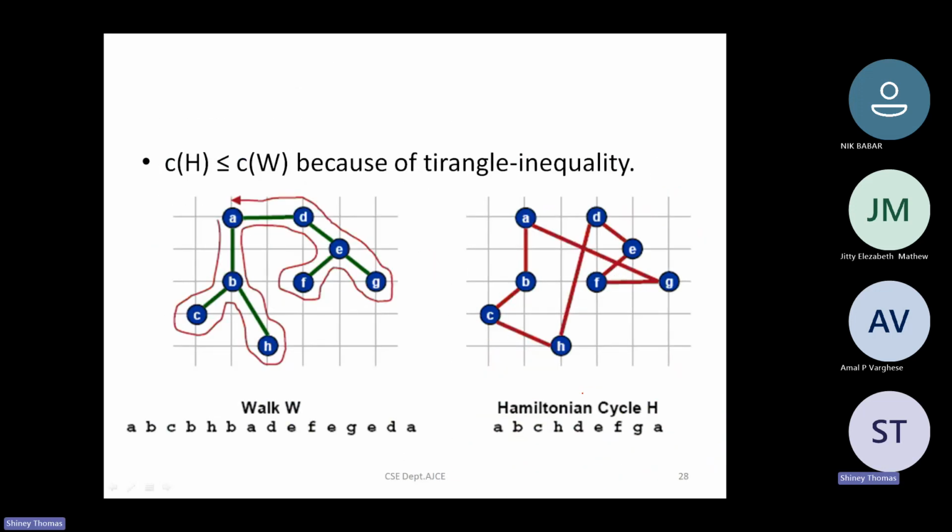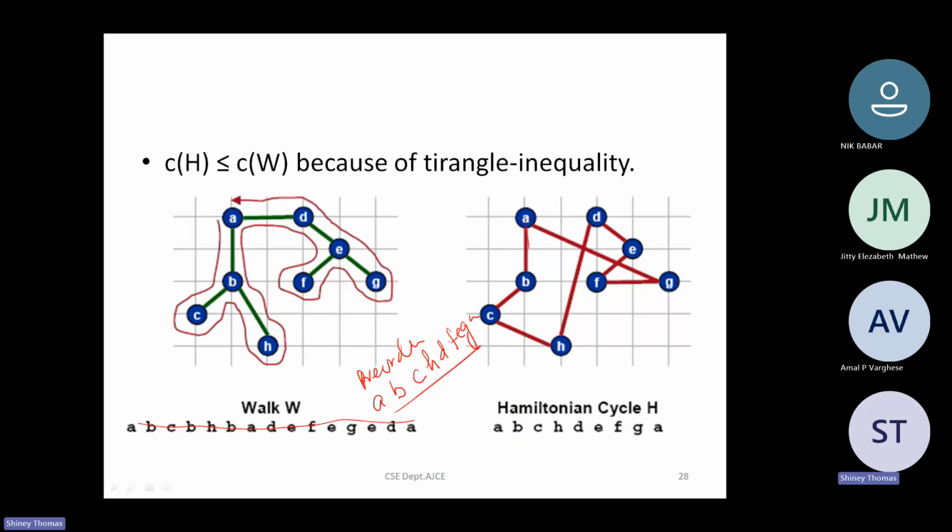Now in step number 3, we know that from a walk we can reduce it to a Hamiltonian cycle by taking a tour on the pre-order walk. Full walk alert: we don't take the full walk, we take only the pre-order walk. What is a pre-order walk? We remove the duplicate edges. It is only A, B, C, H, D, F, sorry, F, E, G, and A. This is our pre-order walk, removing all the duplicate edges.